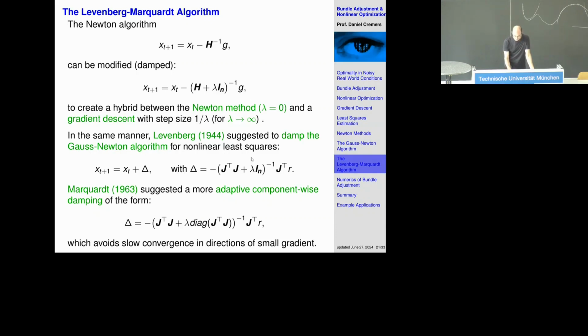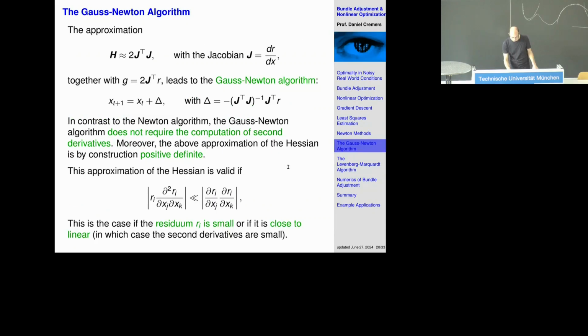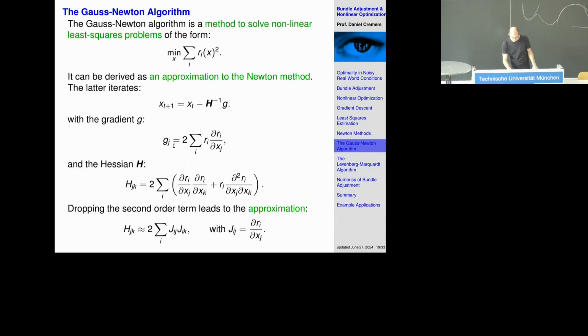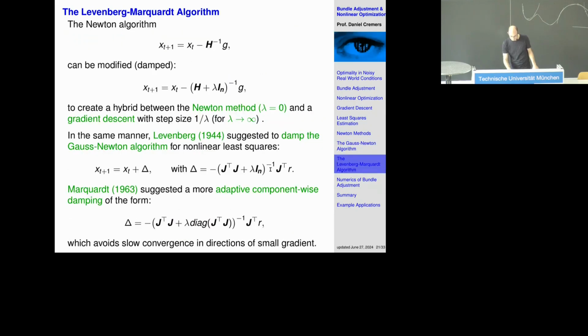And then you add again this damping term to this approximate Hessian, and then multiply by the gradient. This is then J transpose R, right? The gradient, we had it here. For these residuals, you can write it as the Jacobian transpose times R.